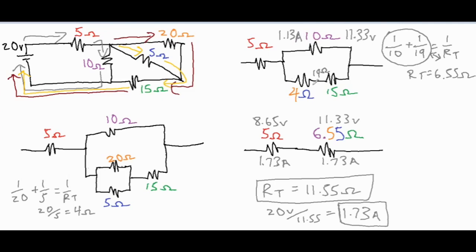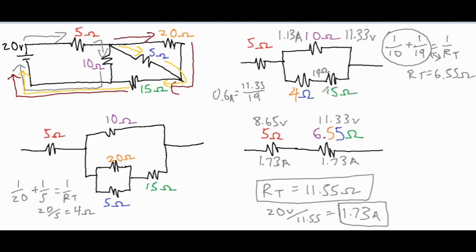Now going down to the bottom part, it does get a total voltage of 11.33. So if you take 11.33 volts divided by the total resistance of the branch, which is 19, then you get the current. The current for that whole bottom portion is 0.6 amps.